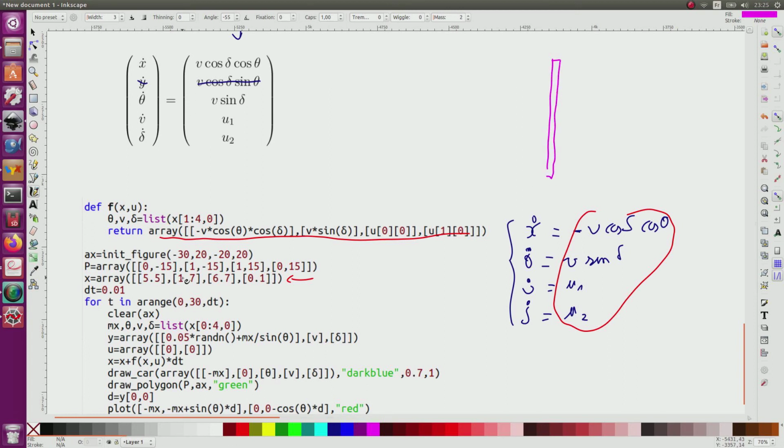A distance for the car of 5.5, the angle theta with something like pi divided by 2. So the car could be like this, approximately like this.